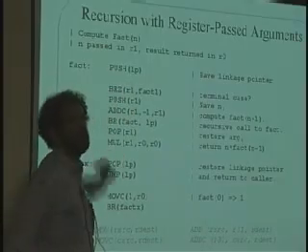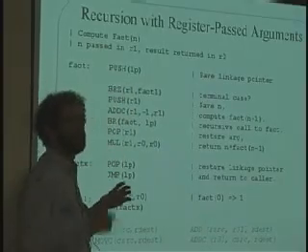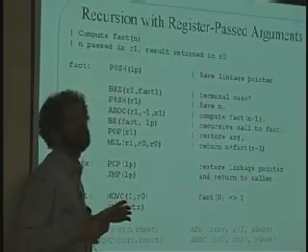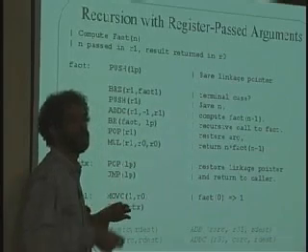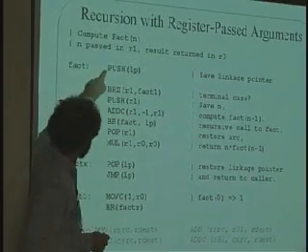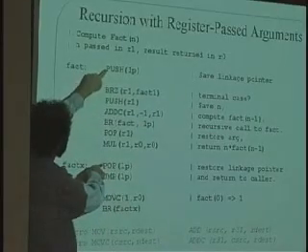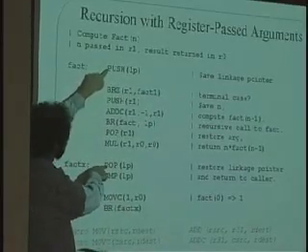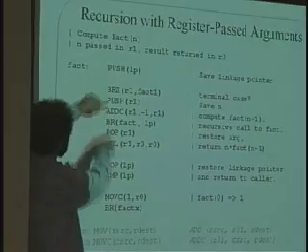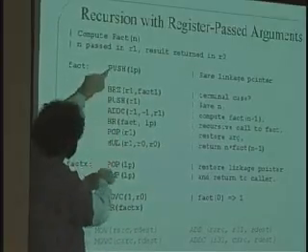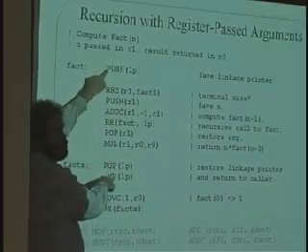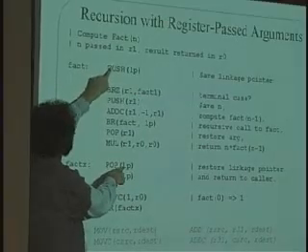That will get us out of this problem that we had, that if fact calls itself, it destroys the information as to where to go back to. So here's push of LP, and notice here's pop of LP. So this corresponds to that and safeguards the fact that LP may get destroyed in the middle, so that when we jump back to whoever called us here, we're jumping back to the LP that got saved here.